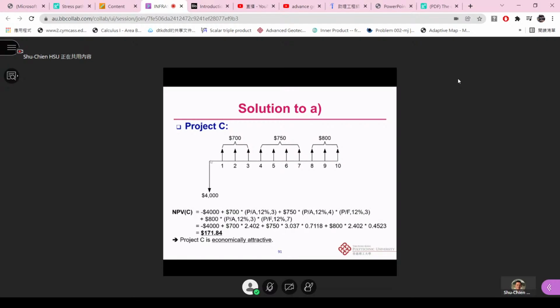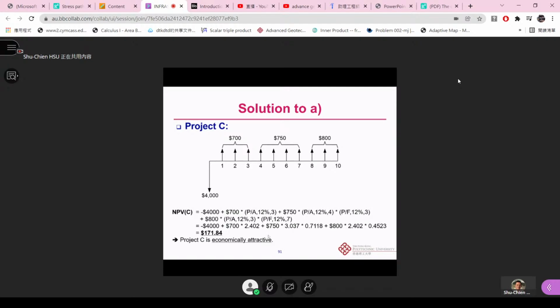Clear? The same thing for the cash flow from year 8 to year 10, we also do something similar. We have 800 times the bracket of the P/A, 12%, 3. Again, this value converts the 800 from year 8 to year 10 to year 7, and it becomes the future value instead of the present value.